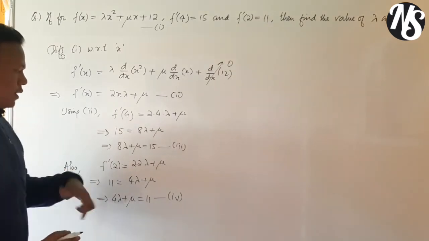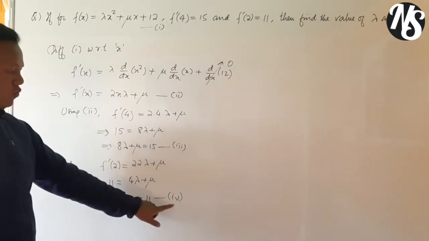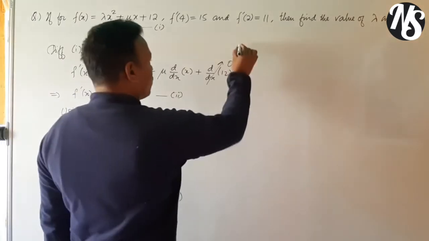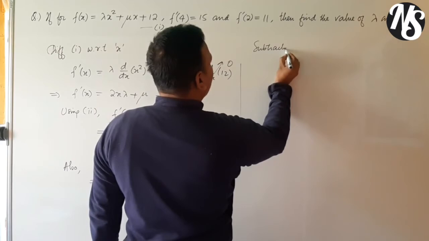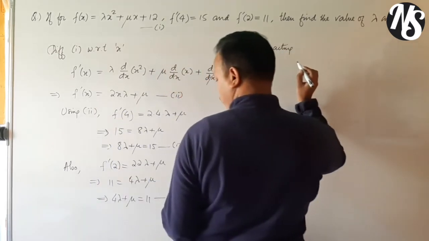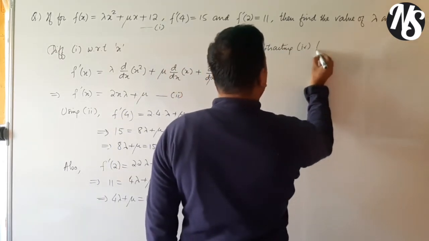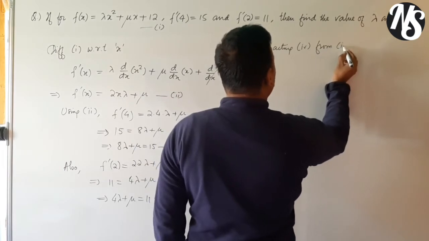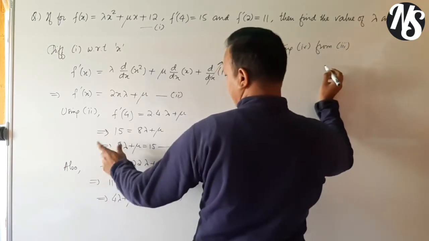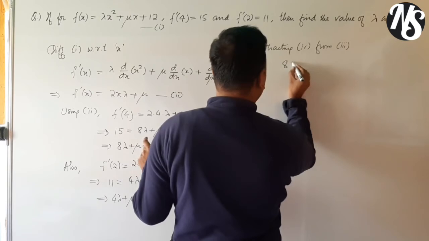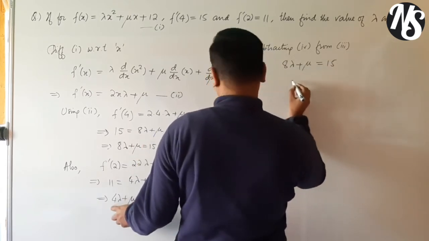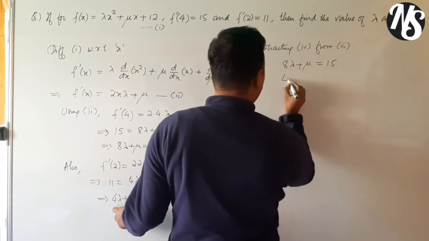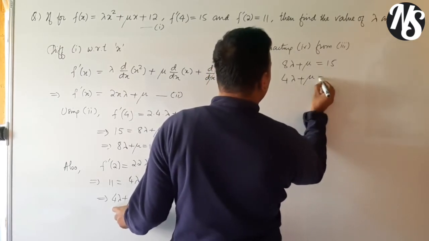I'm going to find it in another way. I'm going to subtract 4 from 3. So subtracting 4 from 3, let's see how much we get. Let me write first 3: 8 lambda plus mu is equal to 15, and equation number 4, that is 4 lambda plus mu is equal to 11.